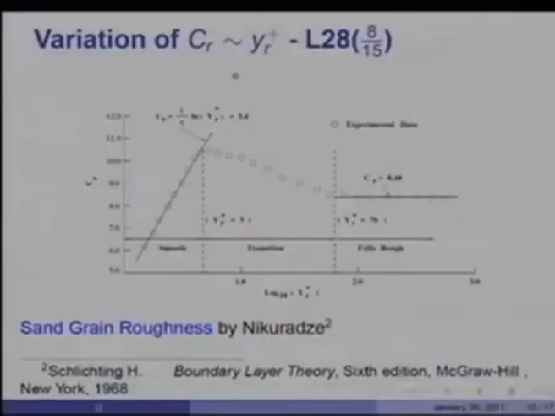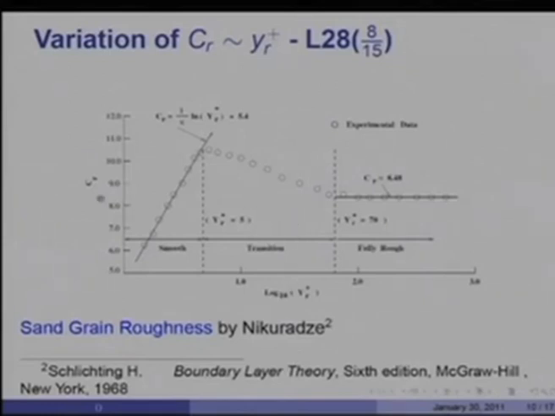So, here is a plot of C R, which is a function of y r plus, and the sand grain roughness data was generated by a person called Nikuradse, a very well known scientist from Soviet Union, and this data is quoted in the book by Schlichting called Boundary Layer Theory, about which I mentioned even during the laminar boundary layer discussion.